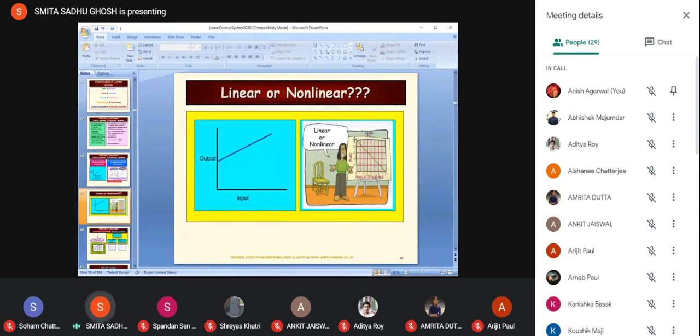So this one again is a straight line, but it does not pass through the origin. If I double the input over here, the output is not going to change proportionately, as the characteristic does not pass through the origin, and as a result of that, it is a nonlinear characteristic.